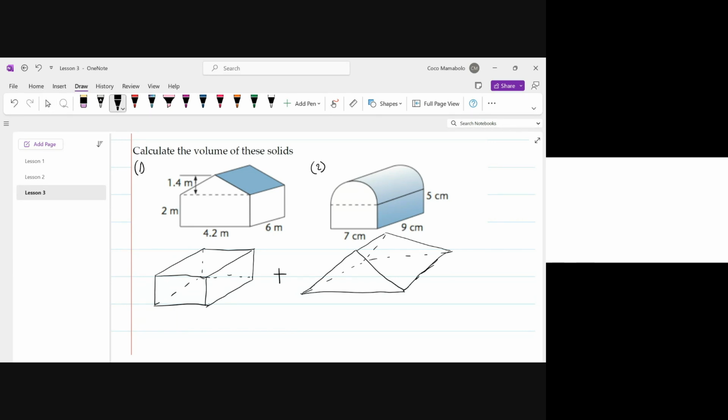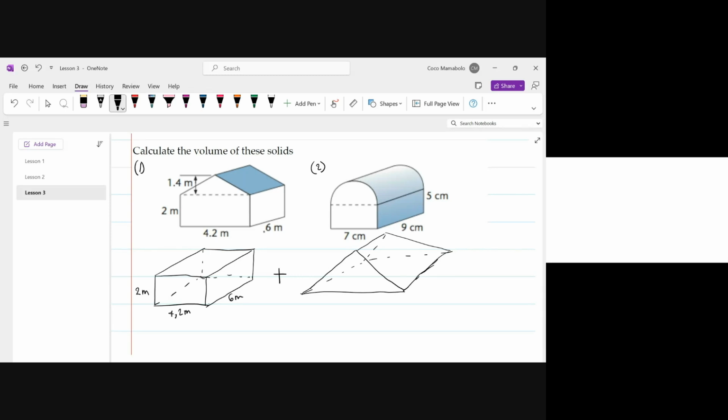So what I know is that for my rectangular prism, this side over here is 4,2 meters. Over here we get 6 meters. And for my perpendicular, we get 2 meters. Thumbs up. Everyone okay with that? Are we all good? Yes. Simple things. All right, let's translate some things.